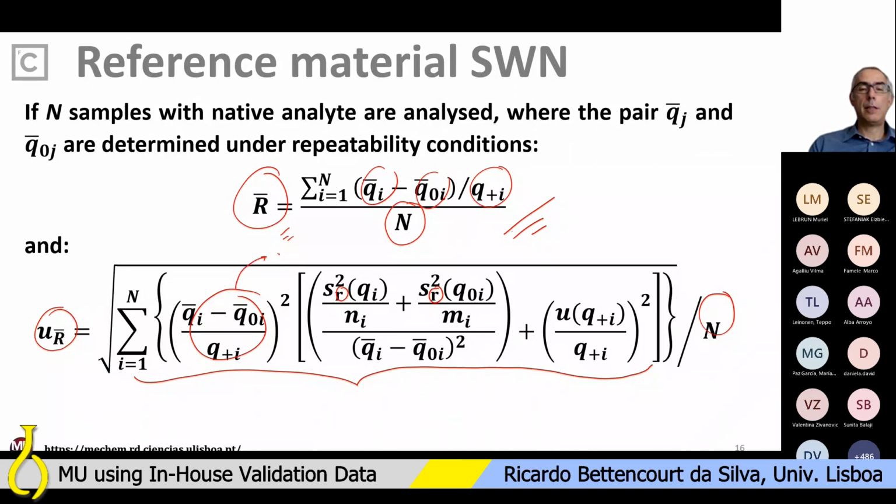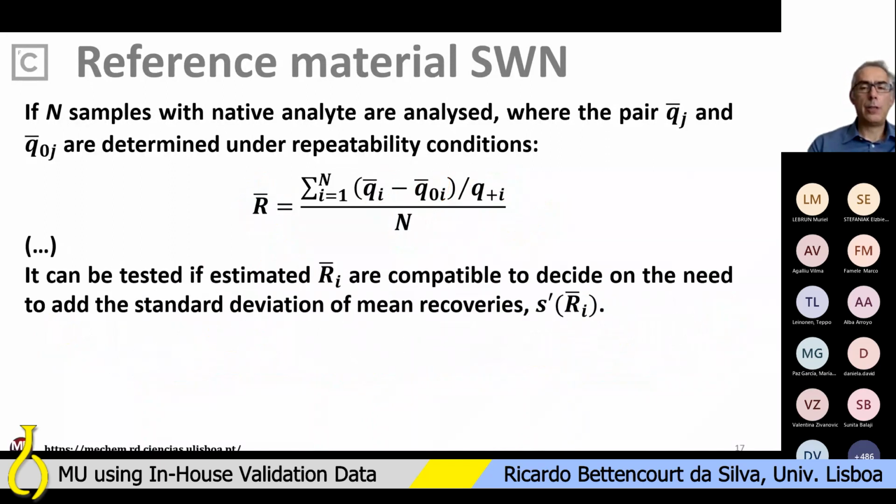This is the specific mean recovery, and then we have this term for each spiked sample, that is the precision of the difference of value before and after spiking, and this is the uncertainty from the spiking process. So we can do this together, and this should be okay, to be combined with the precision component if the recovery is not varying with the matrix.